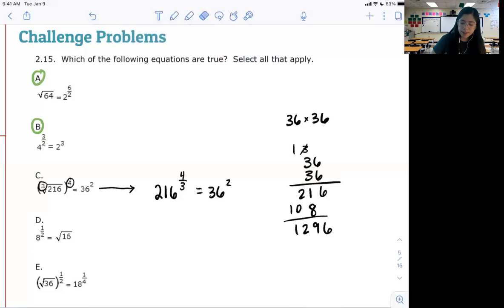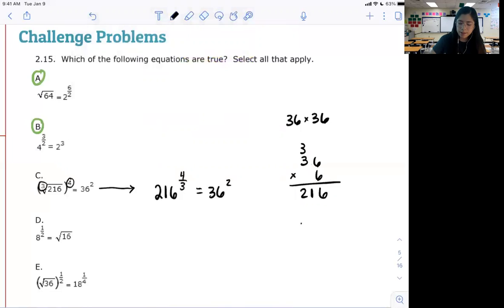That's what I got when I did 36 just times 6. 36 times 6 gives me 216. You can try it out. I'll do it real quick. 6 times 6 is 36. 6 times 3 is 18, plus 3 is 21, so 216. So 36 times 6 is 216.